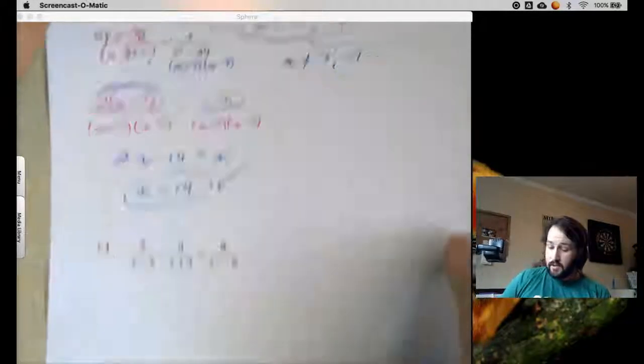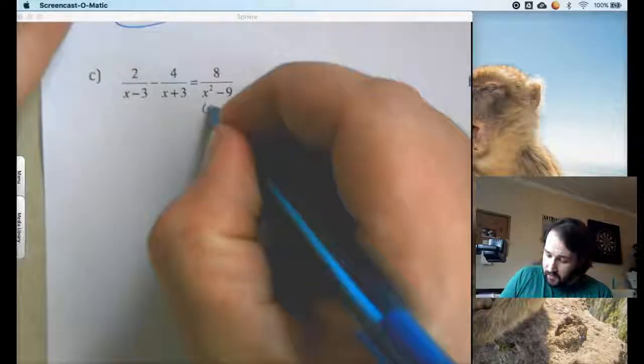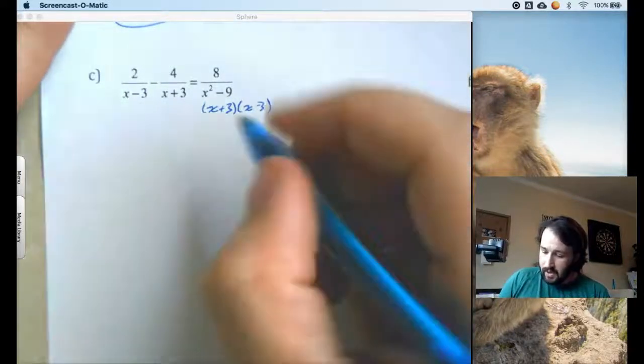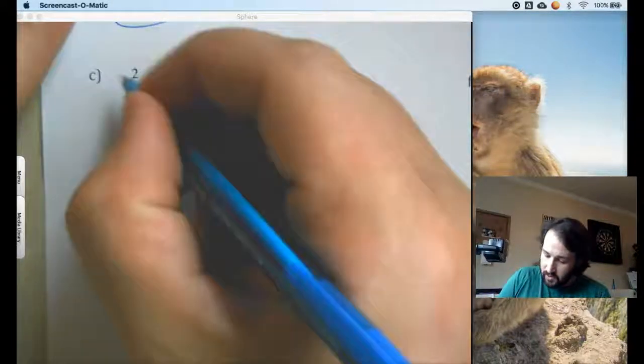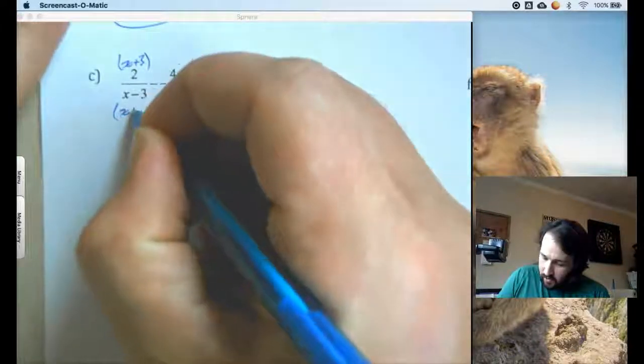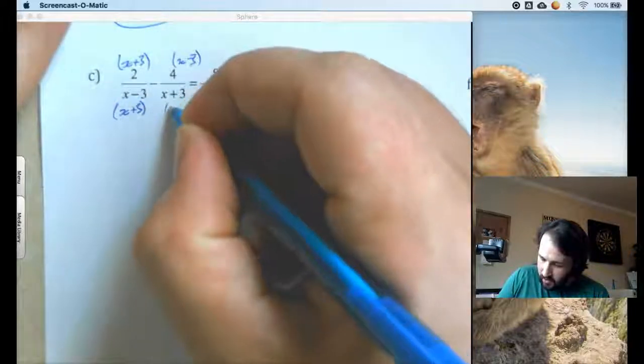Cool. So let's try the same thing with part C here. Because I know this will factor as x plus 3 times x minus 3. So I need to have the common factor, so I need to multiply this one by x plus 3, numerator and denominator, and this one by x minus 3, numerator and denominator.